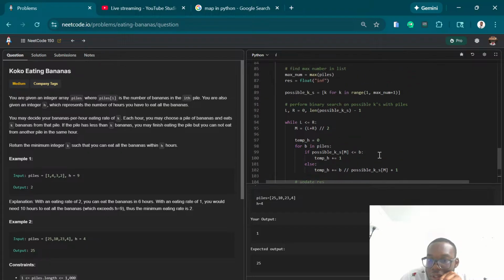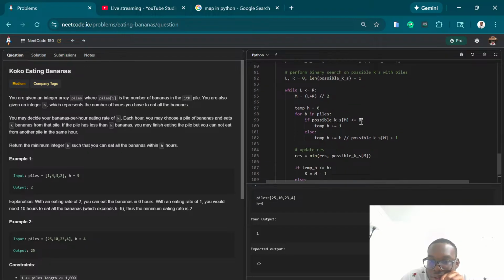So, the modification we have to do here is that it was the other way around here.